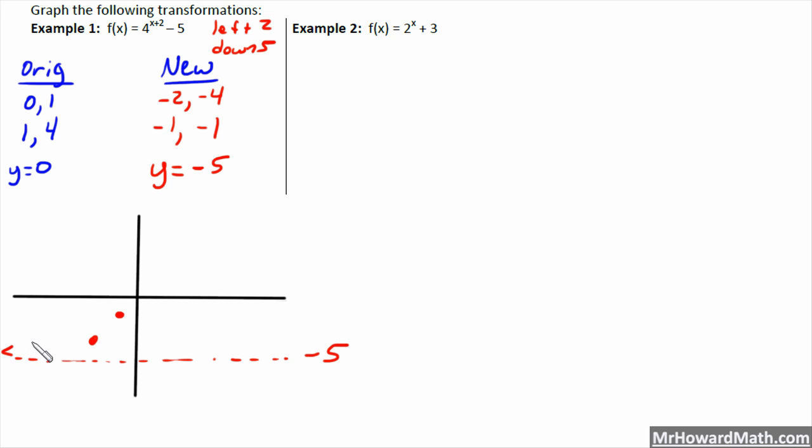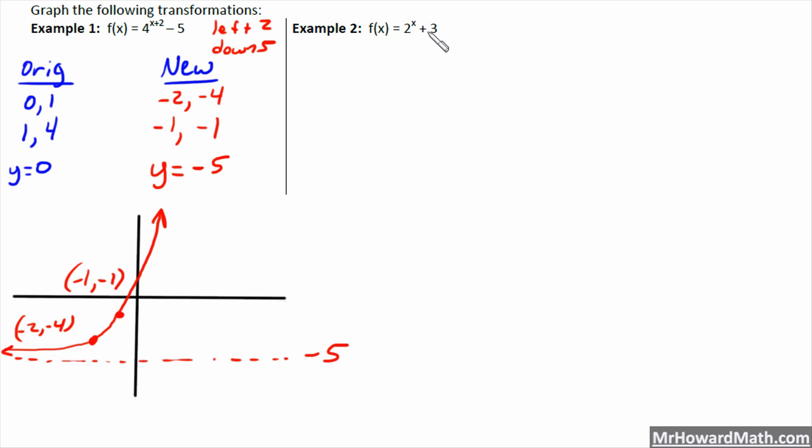So this one looks something like this. And we'll label these points. This was -2, -4 down here. And then this point right there was -1, -1. So we always want to label those anchor points.